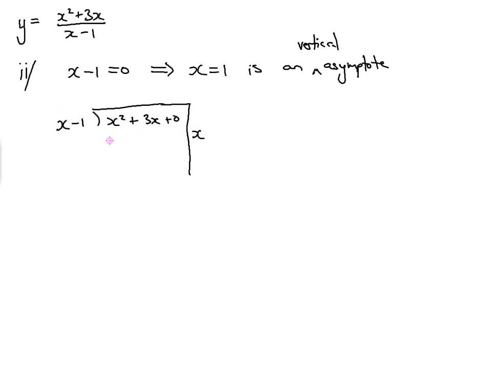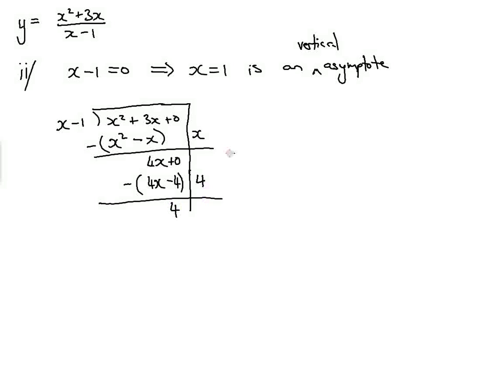So now x times x becomes x squared, minus 1 times x. I'm going to subtract the whole thing away there. And I then get 4x plus 0. Now, to get the 4x the same as this x, I'm going to multiply by 4. So I get minus 4x minus 4. And that leaves me with a remainder of 4.